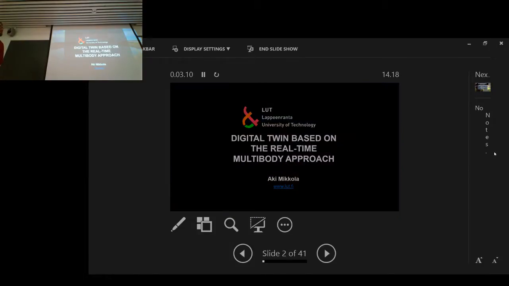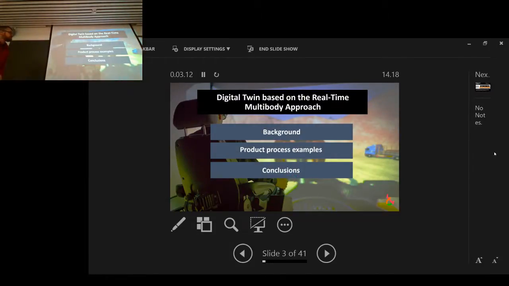Okay, so this is the outline of my presentation. I want to spend quite a bit of time explaining the background, and a few ideas on how we understand digital twin, and how we understand the real-time multi-body approach. Then the main body of today's lecture is the second item, which is product processes examples. Some of them are concrete examples that are actually happening today.